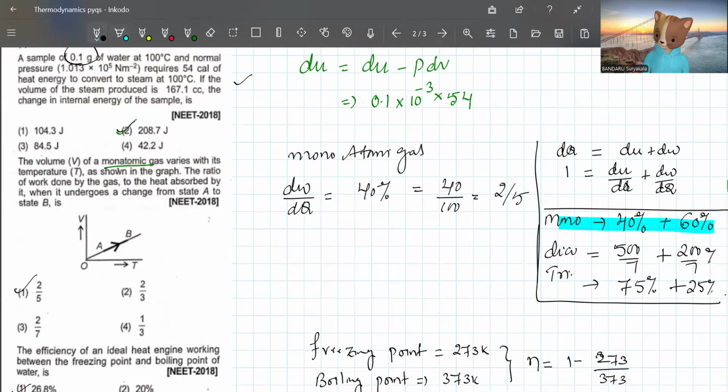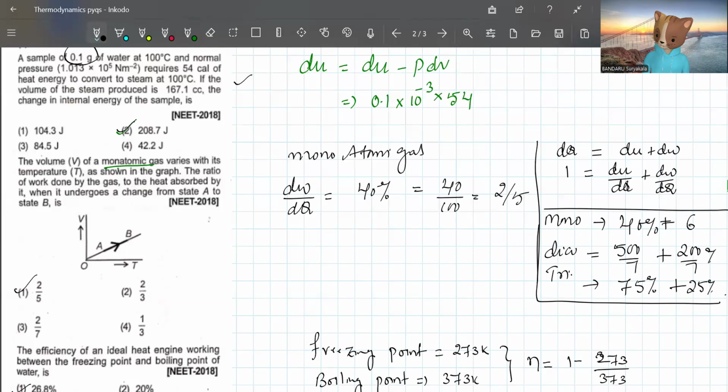Okay. And they ask the ratio of the work done by the gas. Work done is 60%, dW. Sorry, I wrote it the wrong way around. This is 40%, this is 60%.